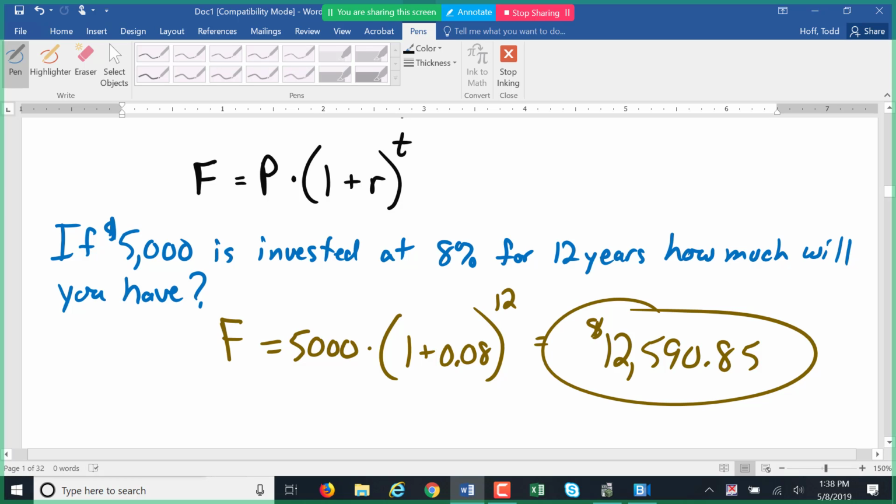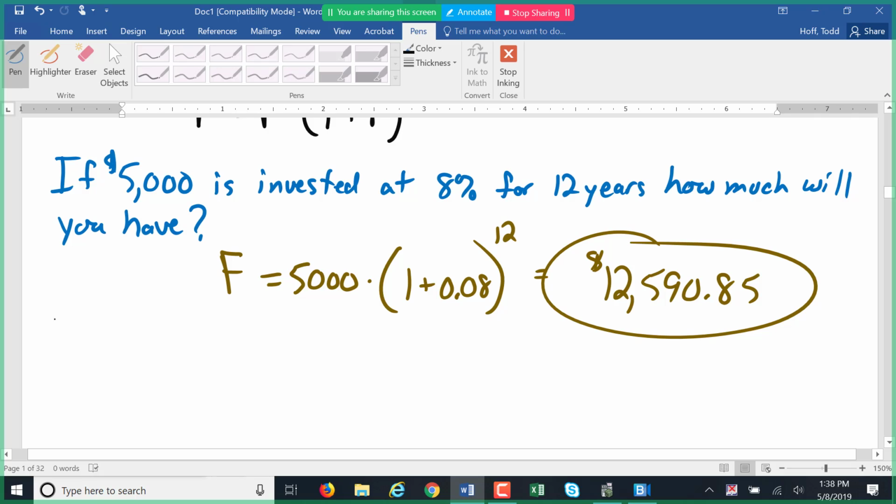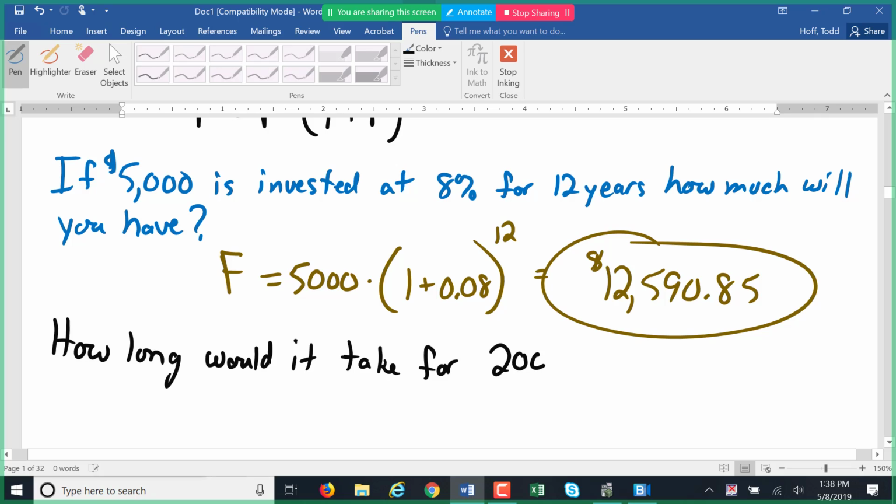Well, let's go the other direction. How long would it take for $2,000 to grow to $10,000 at 6%?